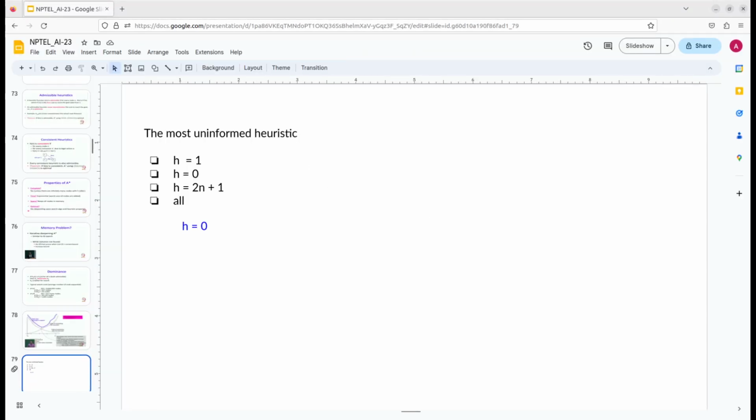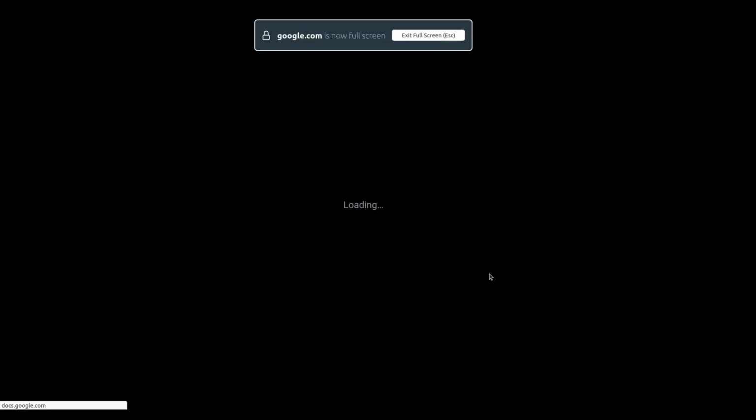Think for a moment. There are a few heuristics, and it is asking which one is the most uninformed, where no information is coming out of it. So you need to say which option is correct.